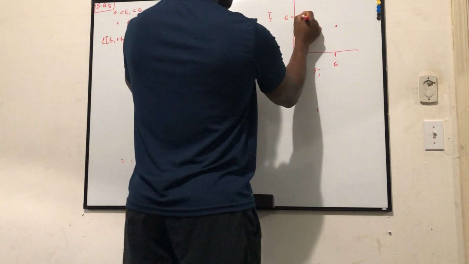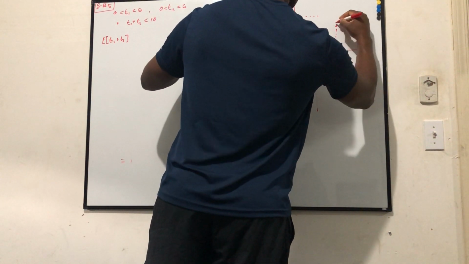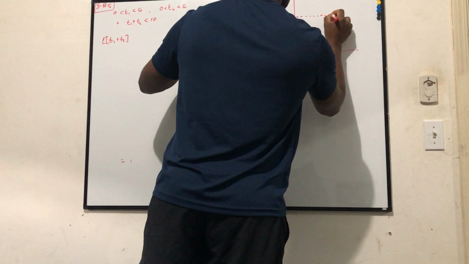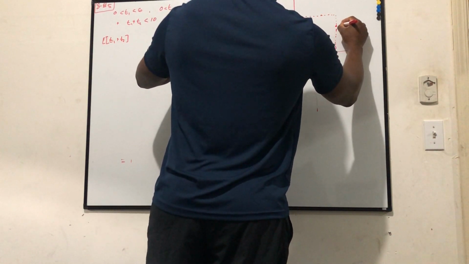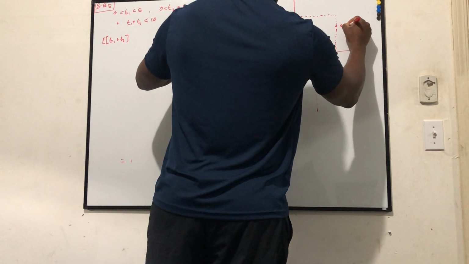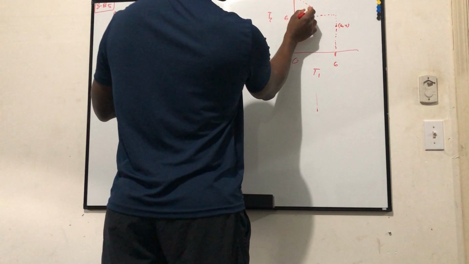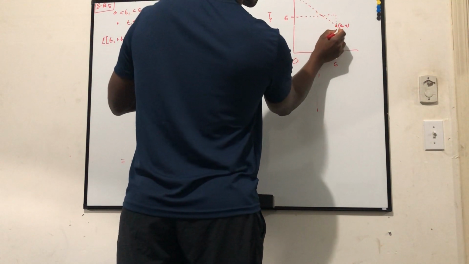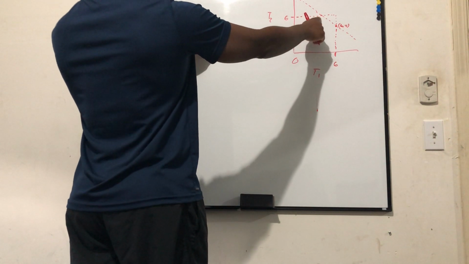Well, we know that it must live in this area here. So this point right here is (6, 4), and we know it goes this direction. Then we have another point here. What point would that be?